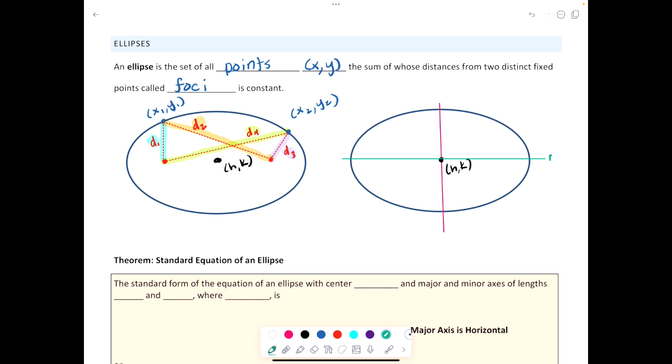So this one would be the major axis, and this would be our minor axis. And they could be anywhere on the plane.